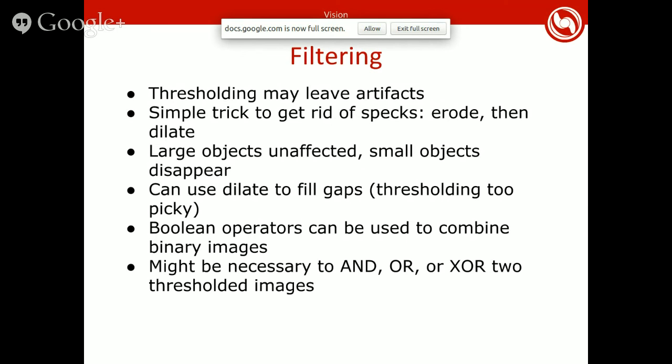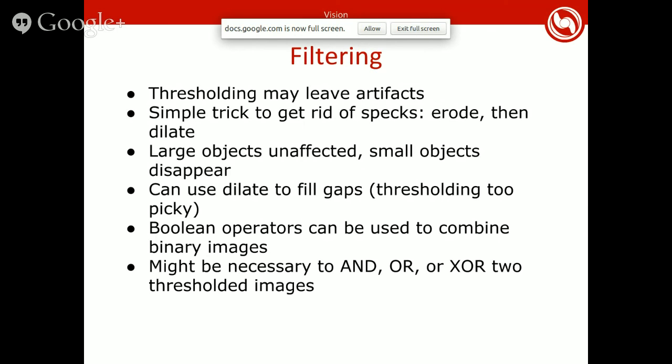Other more advanced things you can do is Boolean operations on your binary images. That's just a pixel by pixel Boolean operation. What you can do is threshold two different color spaces and AND, OR, or XOR them, whatever makes sense, to get a third binary image that you can then filter and do the rest of the processing on.